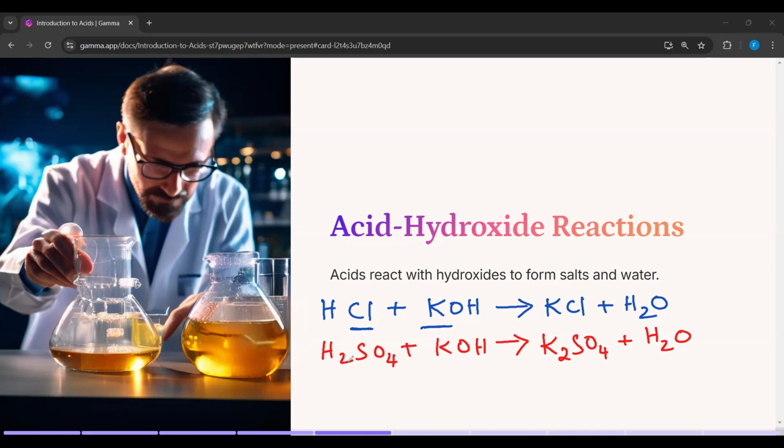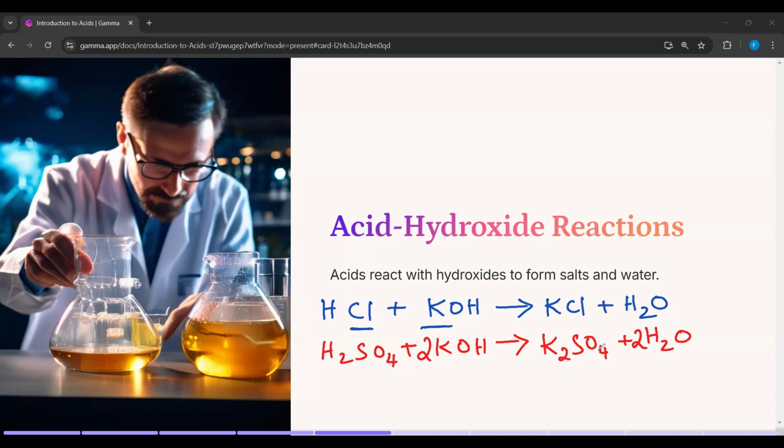So you have 2 hydrogens here and 2 hydrogens here. Okay, that's balanced. But then you have another hydrogen here. So it's going to be 3 hydrogens and 2 hydrogens here. So let's add a coefficient here to make it 4. So another 2 here, so that even your K2 is balanced.